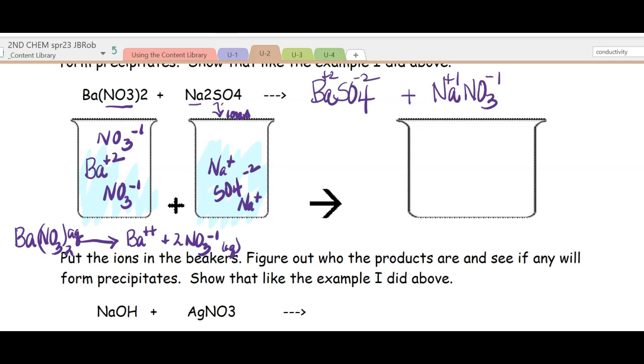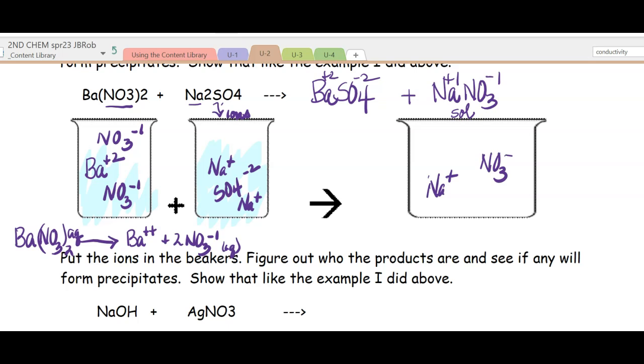See how these charges are the means of getting correct formulas all the time. All right, now we go and look. We know all sodium compounds are soluble, so that's going to clearly be soluble, and we'll have Na plus ions in solution and NO3 ions ionizing.